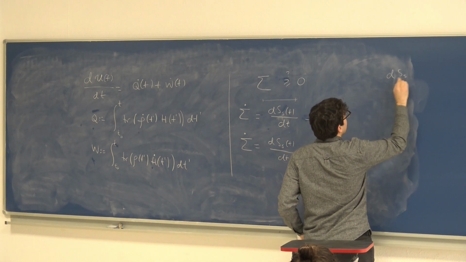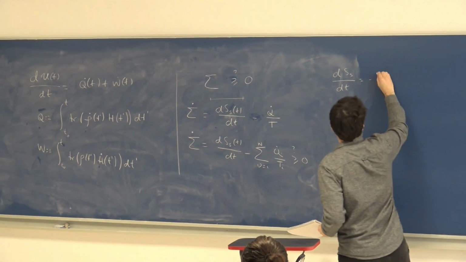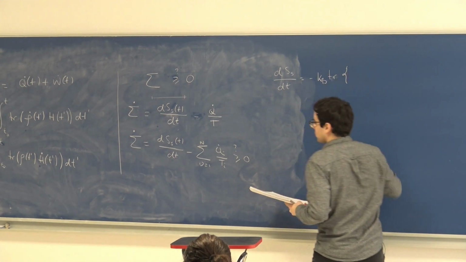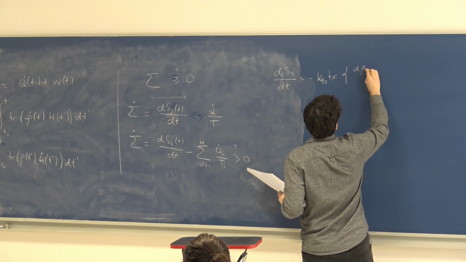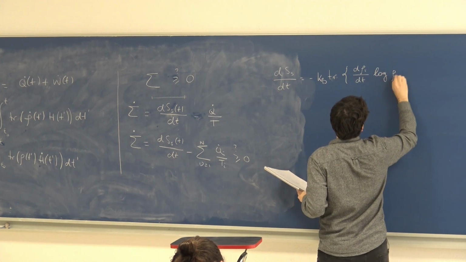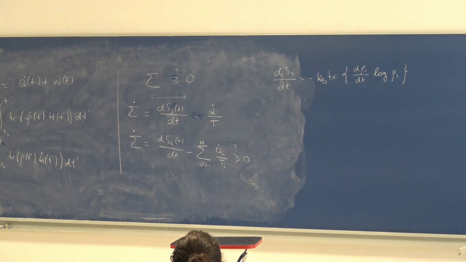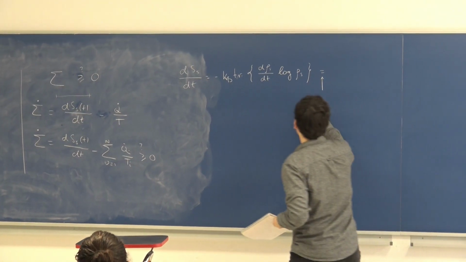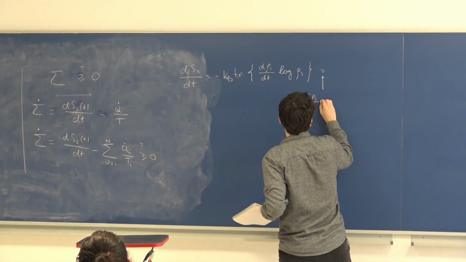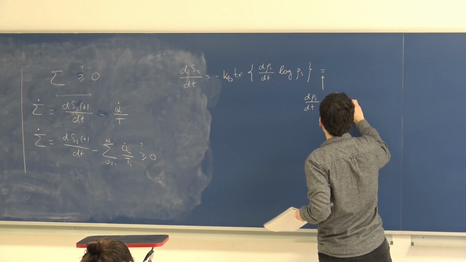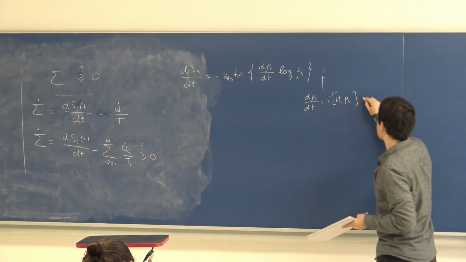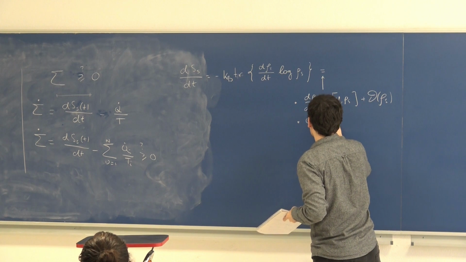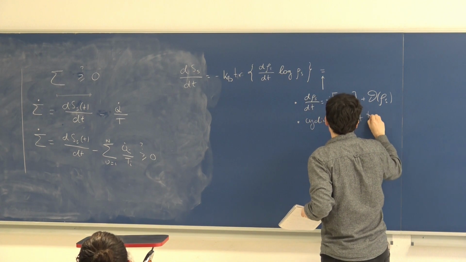The first term is the derivative of the von Neumann entropy, and we can use here the fact that we have an open quantum system, so this is minus i, the Hamiltonian part plus the dissipator part, and you can also use the cyclic property of a trace.